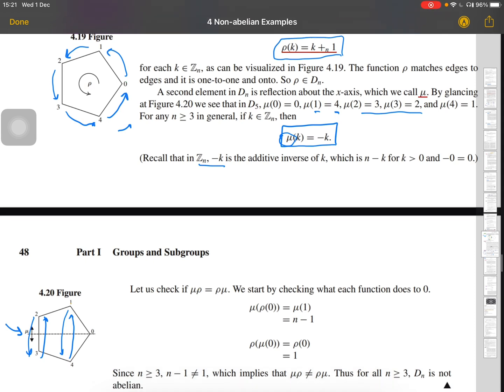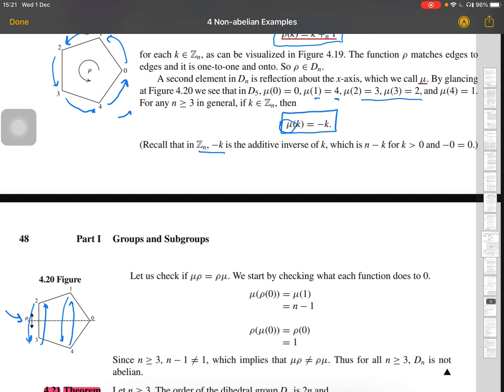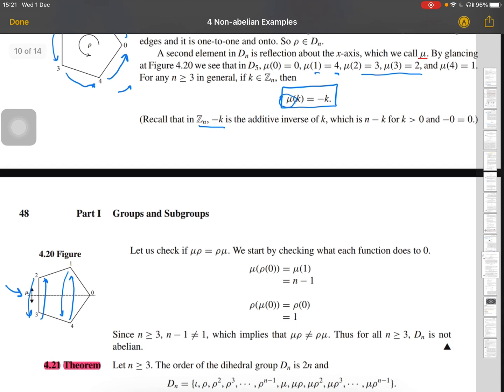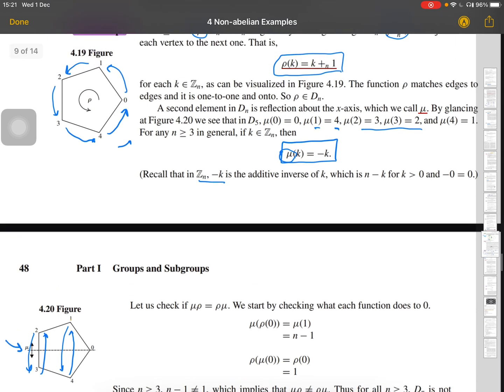Now let us check if mu rho equals rho mu. You can see that by checking what each function does to 0. If I perform mu rho of 0, rho of 0 maps to 1, and then under mu, 1 maps to 4.